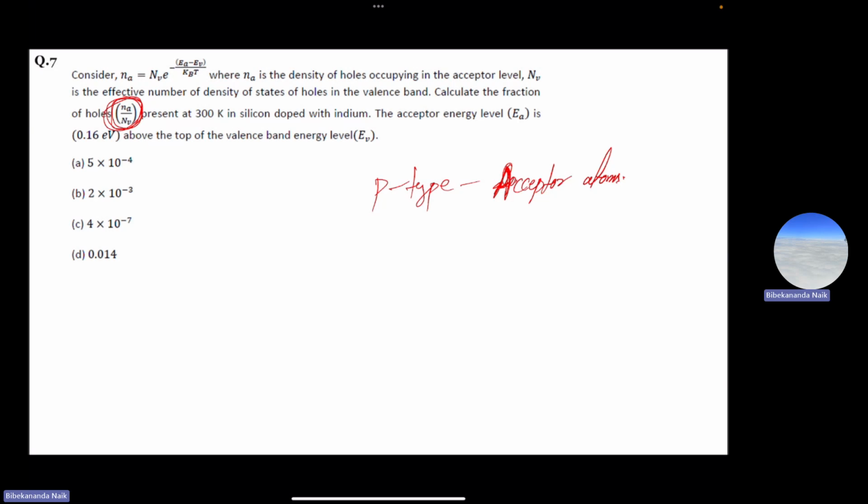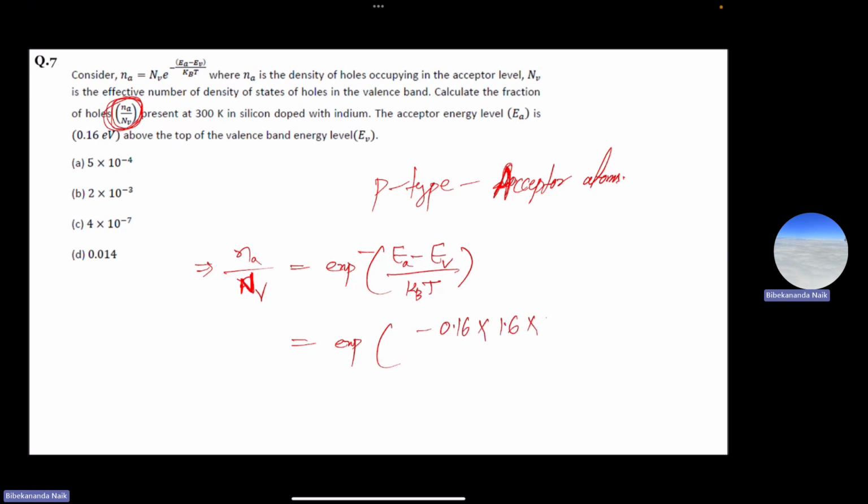So if we calculate similarly to the previous question, it will be NA by NB equals exponential of minus (EA minus EB) by kBT, which is exponential minus 0.16 into 1.6 into 10 to the power minus 19 divided by 1.38 into 10 to the power minus 23 into 300.